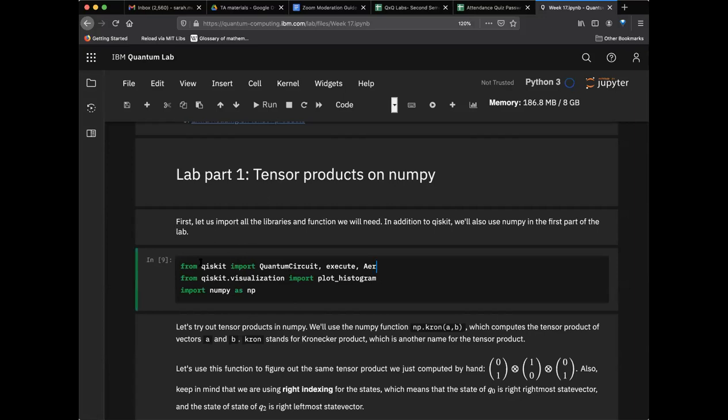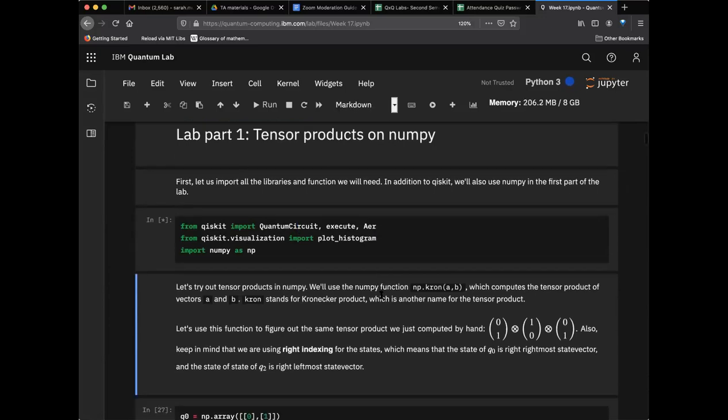So that's all we're doing here: we're taking the quantum circuit and simulation functionality and backend from Qiskit, and then we're taking just the plot histogram version for the visualization, which gives you the probabilities for each state. And then we're importing NumPy, which we'll be using to evaluate these tensor products. So I'm going to run that.